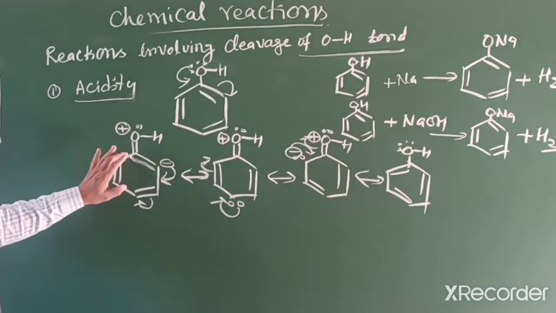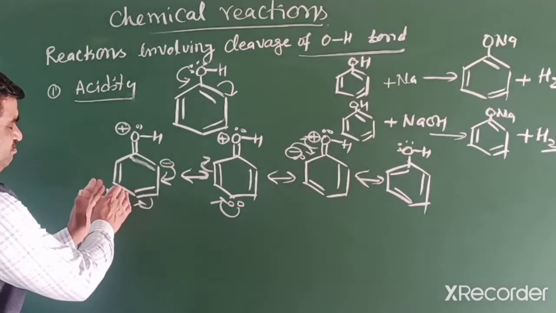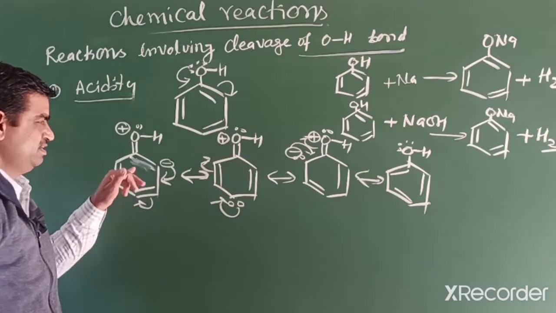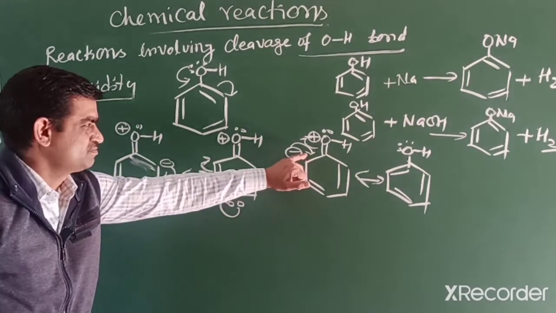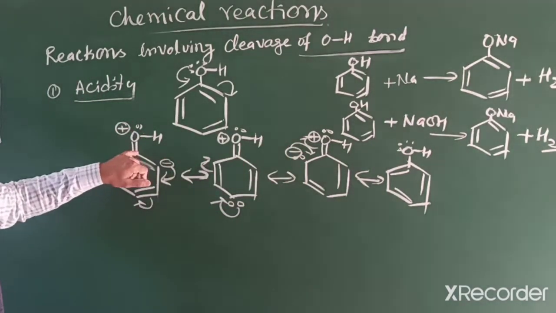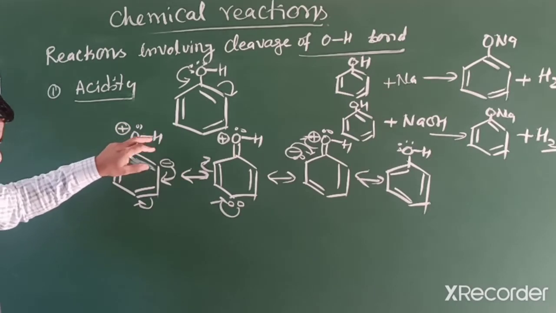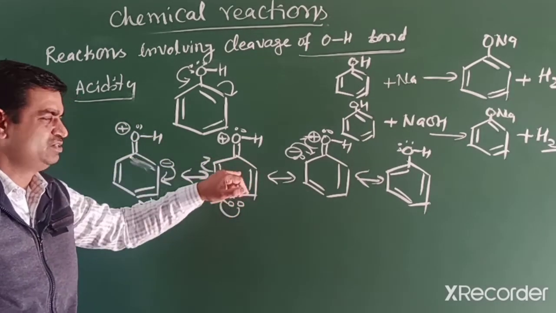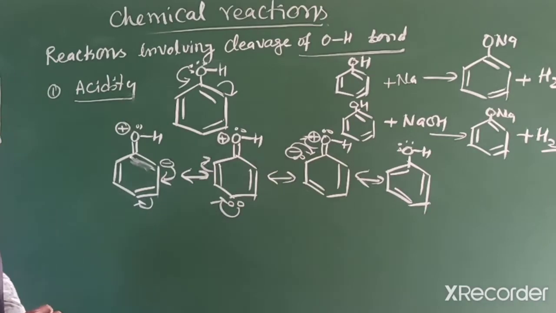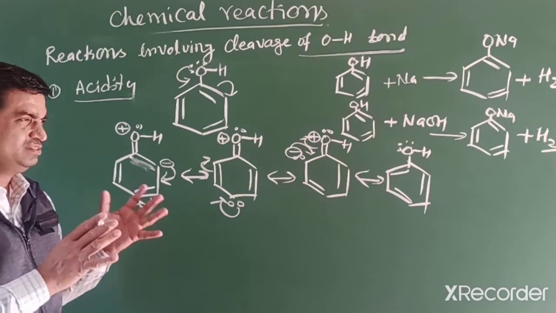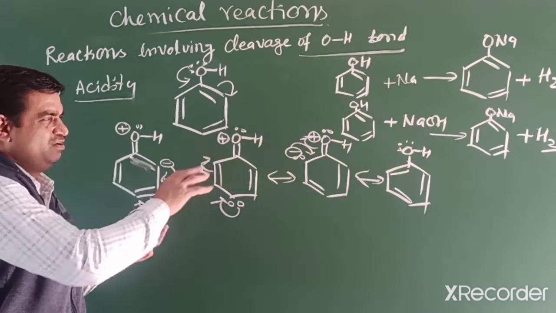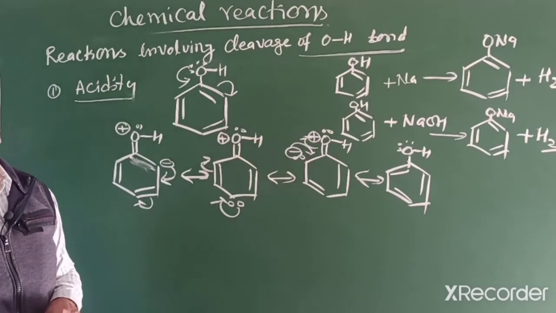In these resonating structures, students, if we observe, then in these 3 structures, the oxygen-benzene ring bond has partial double bond character, and there is negative charge on the benzene ring at the ortho and para positions. So which resonance is more stable? We know that a species in which every carbon has a complete octet is most stable.